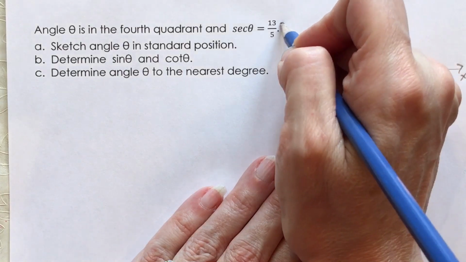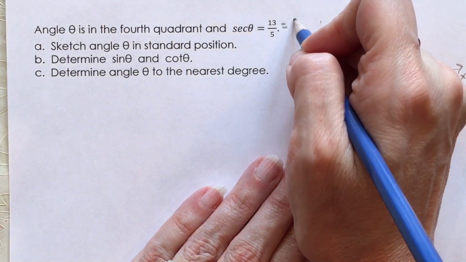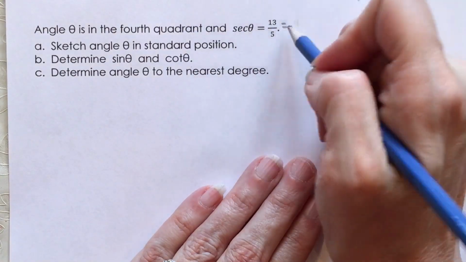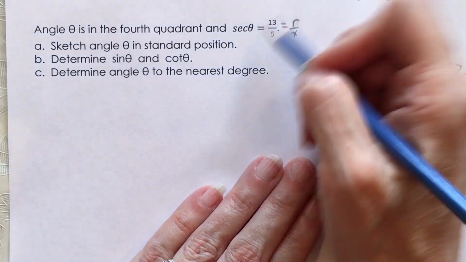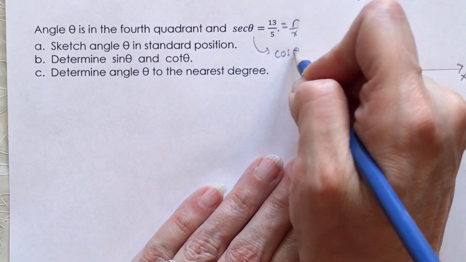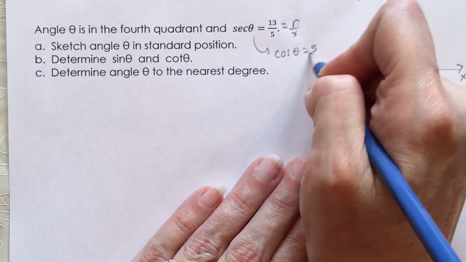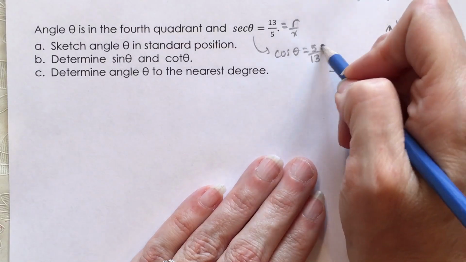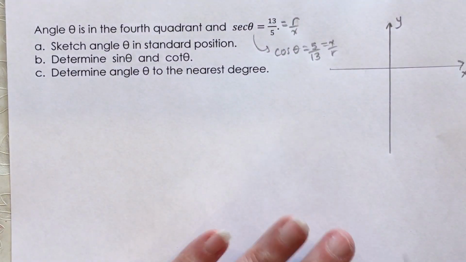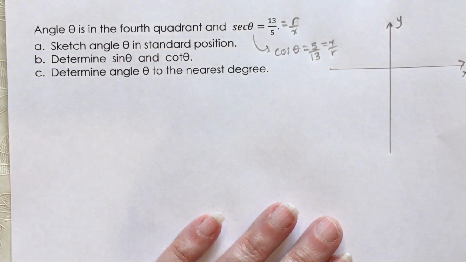So we have to know that secant is r over x. Another way of thinking about it is secant and cos are reciprocals. Cos would be 5 over 13, and cos is the x value over the r value. Either way, we're being told that x is 5 and r is 13.